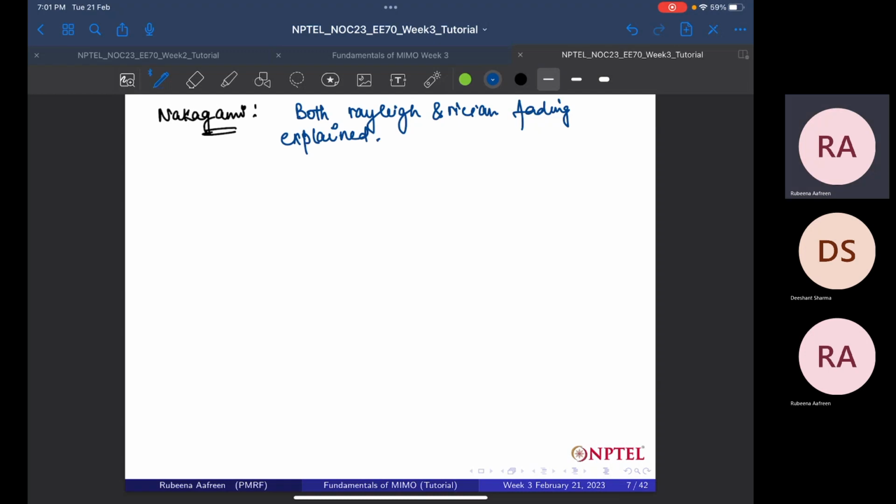From the PDF of Nakagami, we can see that it is a very general case of fading, which will include both Rayleigh and Rician types of fading.